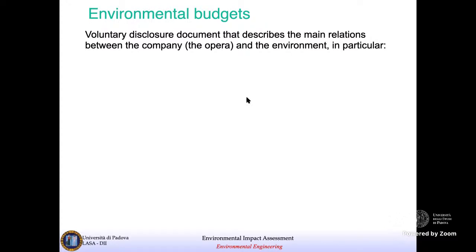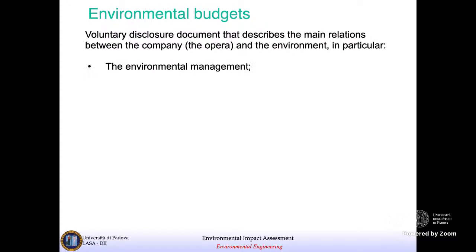Classically, environmental budgets were, if you want, the ancestor of ecosystem services evaluation. Environmental budgets are voluntary disclosure documents that describe the main relations between the company, or the operation, and the environment.